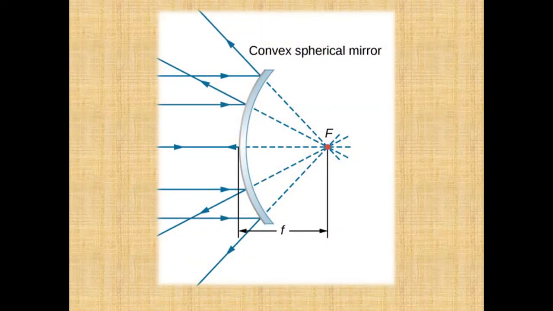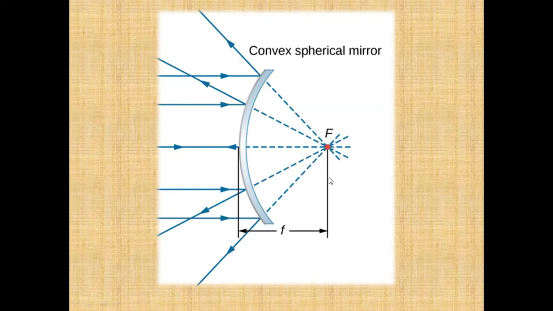So here you can see it is a diverging mirror. The rays of light are coming and after striking the surface, they are diverging away from the surface. They are not actually meeting, but when they are produced in the backward direction, then they appear to meet at this point.